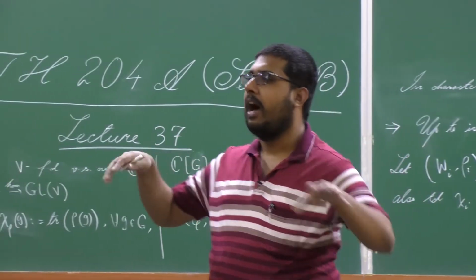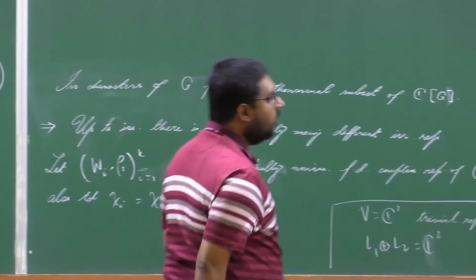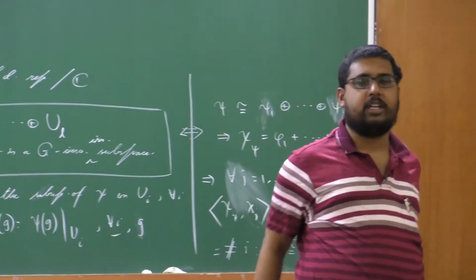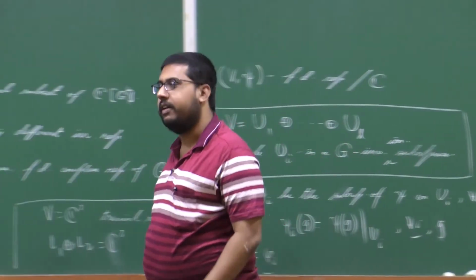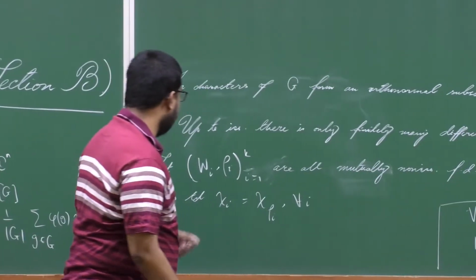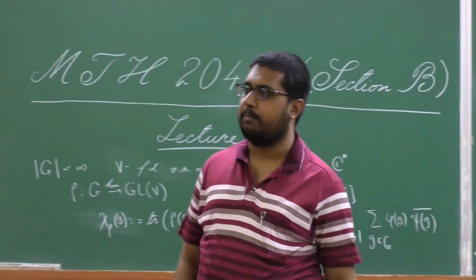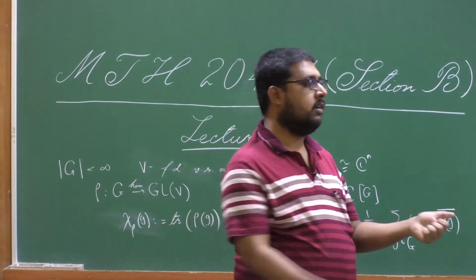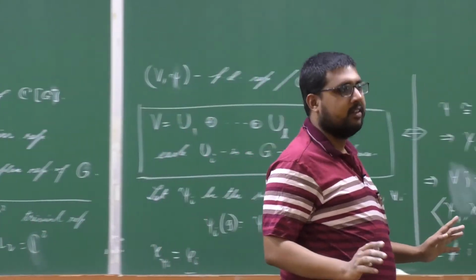Suppose two people are given the task of decomposing a given representation into irreducible sub-representations, with no communication between them. They will possibly end up with two very different decompositions. However, for each rho j, the number of sub-representations isomorphic to it in the first person's decomposition has to be the same as in the second person's. Okay.